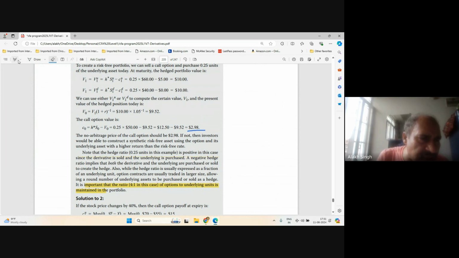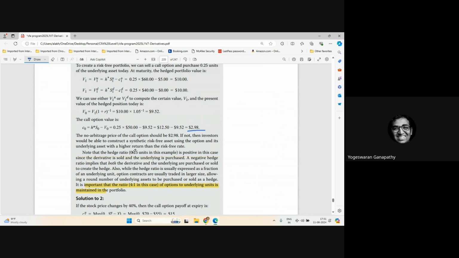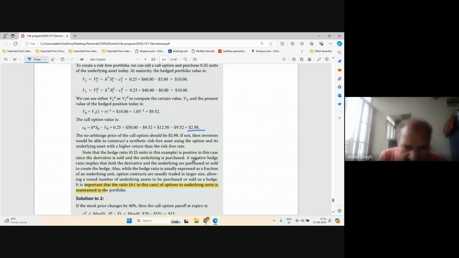We calculated hedge ratio 0.25, which was positive, but when there is a negative hedge ratio, say we calculated and found minus 0.25, it means we are calculating the price of the put, and in that case we buy the underlying times H and also buy the put. That is what it's telling.